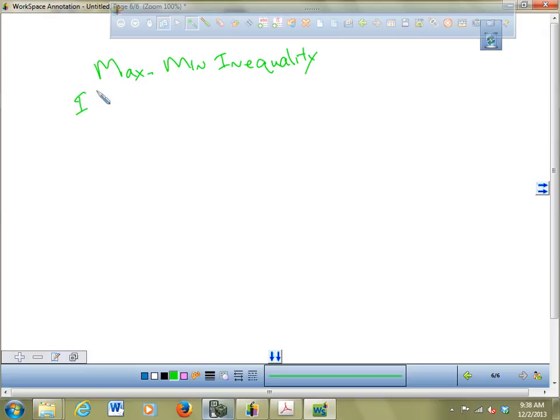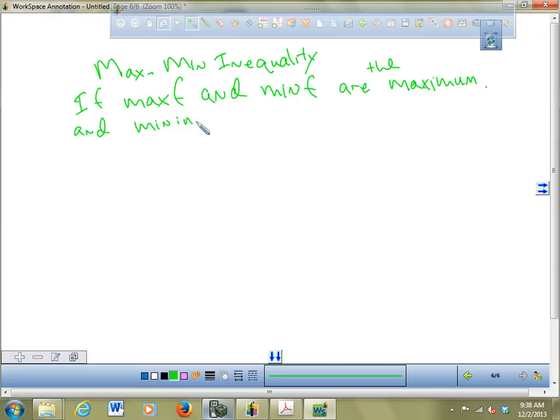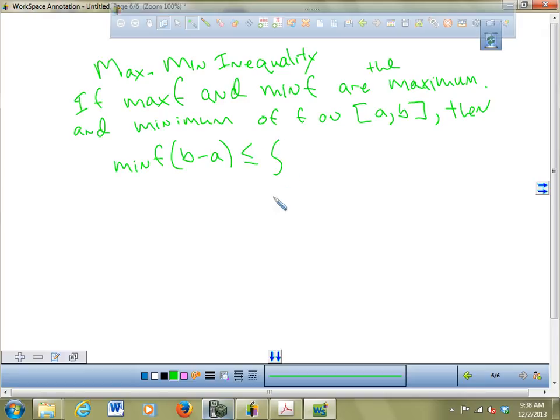If max f and min f are the maximums and minimums of f on an interval a to b, then min f times b minus a is less than or equal to the integral from a to b of f of x dx, which is less than or equal to max f times b minus a.